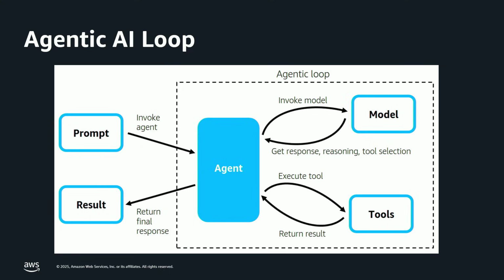It starts with the information that you're feeding into your LLM-based application that invokes the agent. The agent then cycles through, invokes the model, and conducts reasoning to understand what this request is and what it needs to do to satisfy it.